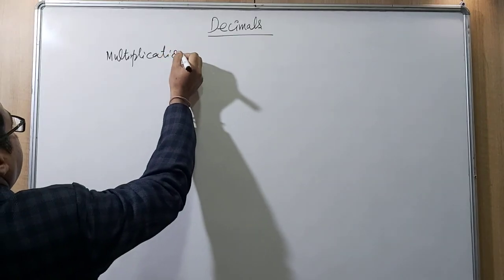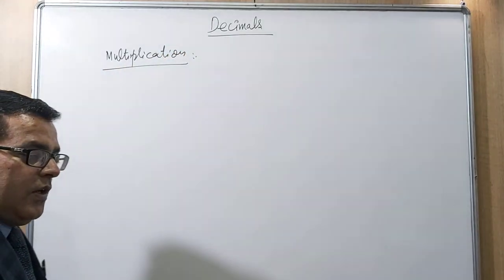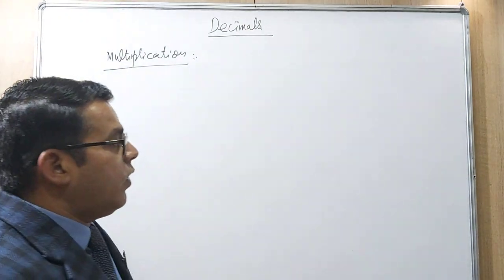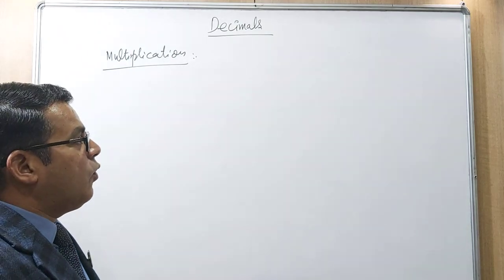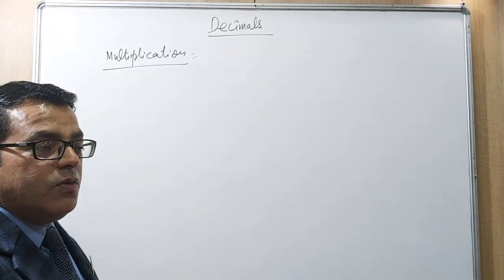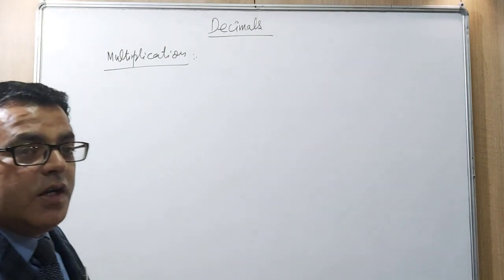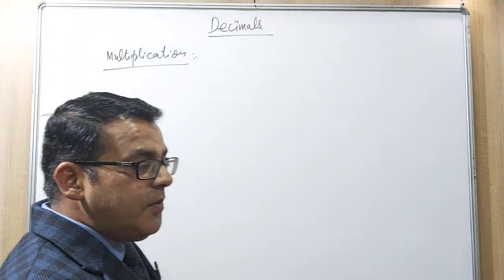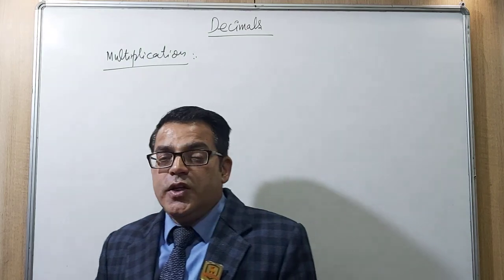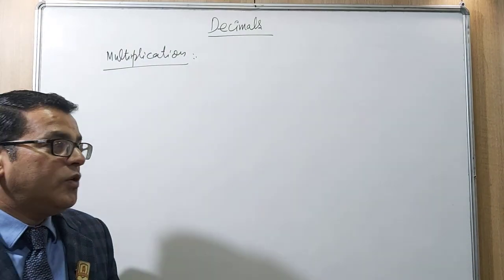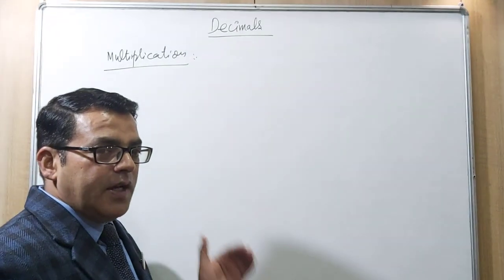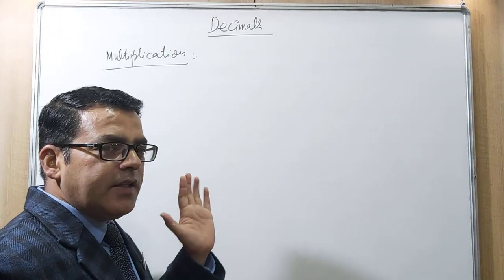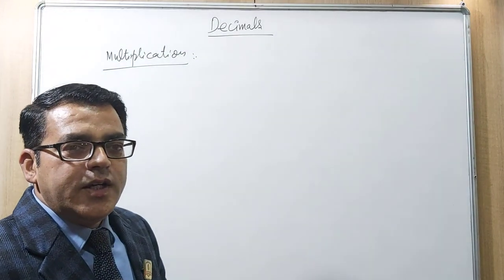We'll cover multiplication today. I hope that you all know how we can multiply numbers, right? If you know tables, I have requested you so many times, you need to learn tables till 20. If you learn tables till 20, you will be able to calculate, to find a sum, or to manipulate anything at your fingertips.